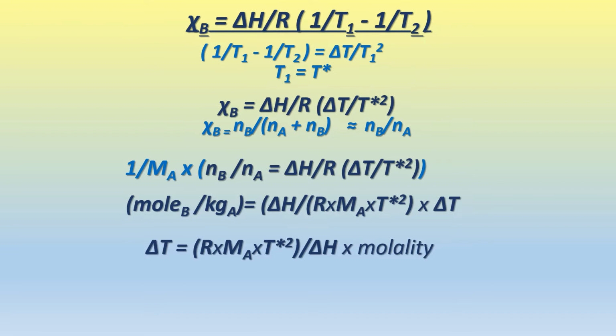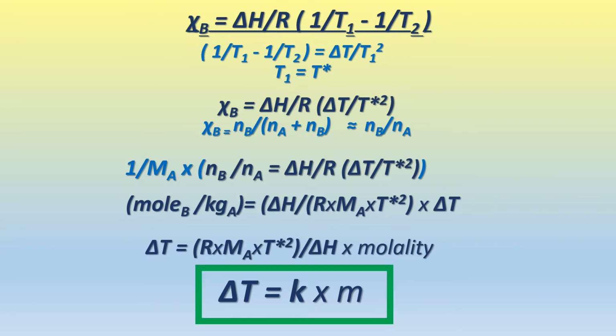All of the terms, the gas constant, the molecular weight of A, the normal transition temperature of A, and the phase transition enthalpy of A are all constants for whatever that solvent is. So I get delta T is equal to some constant, which depends upon the solvent, times the molality. One might remember this from freshman chemistry.